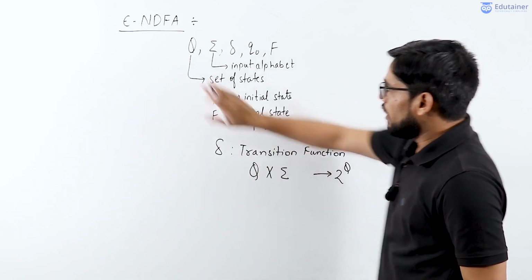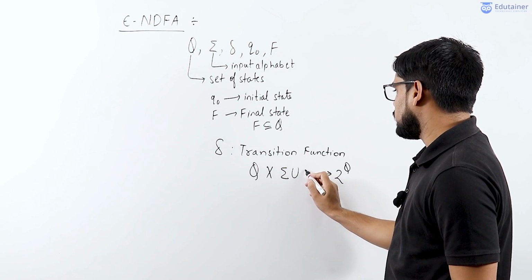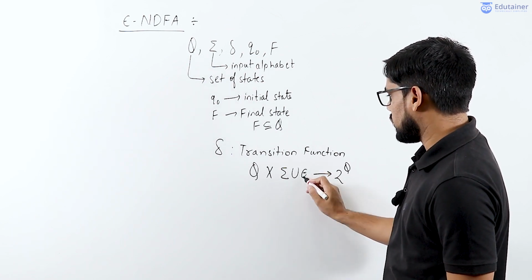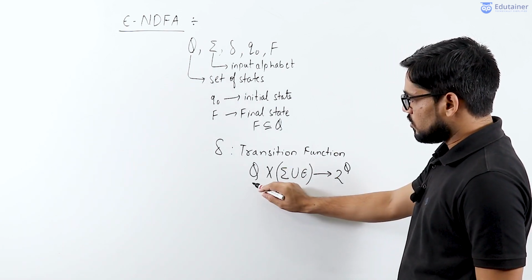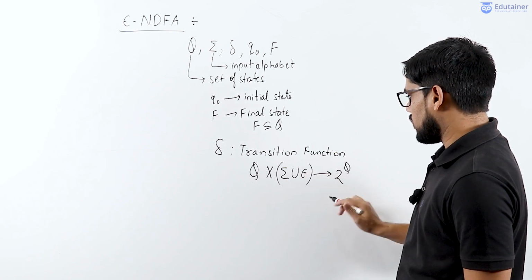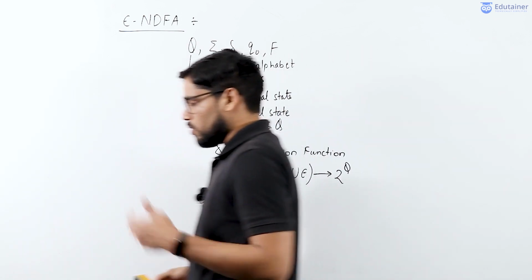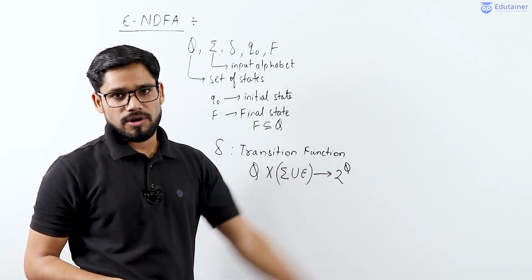But in epsilon NDFA we have added one more symbol, epsilon, to the input alphabet sigma. Now it is read as Q cross sigma union epsilon tends to 2 raised to the power Q.